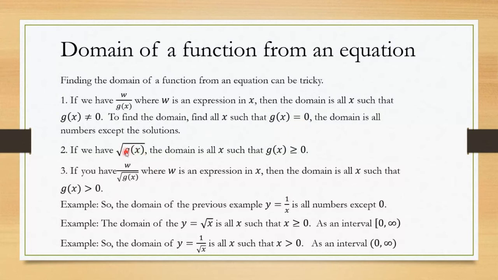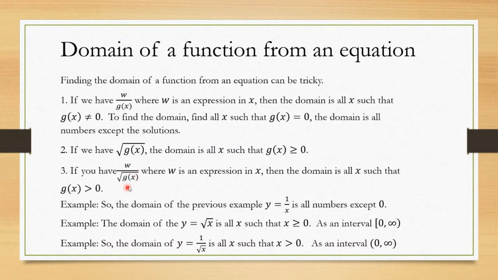For this, if you have the square root of g of x, where g of x is a function, you want the radicand, the g of x, what you're taking the square root of, to be non-negative. Okay, we want that here to be non-negative. And also, if you have w over the square root of g of x, again, normally you would have to worry about the domain of w, but for now, let's not worry about that.